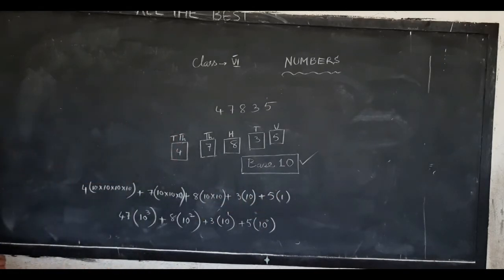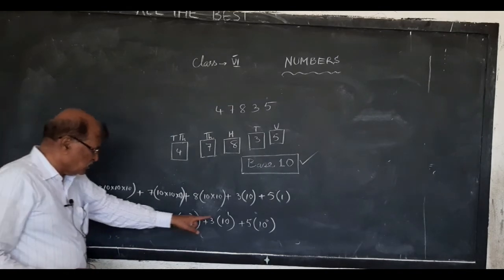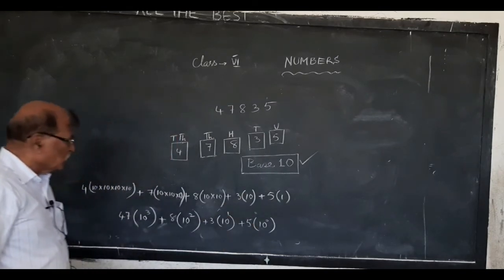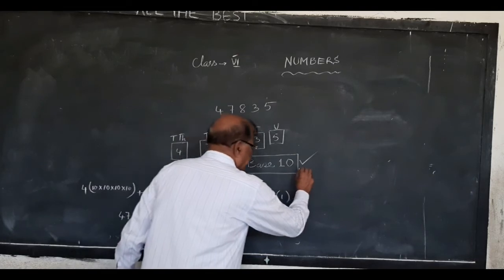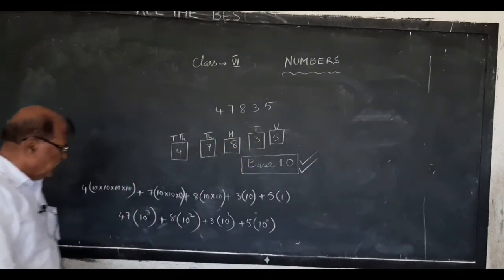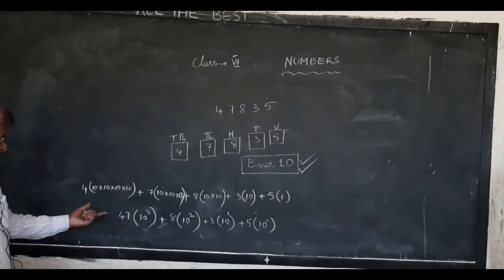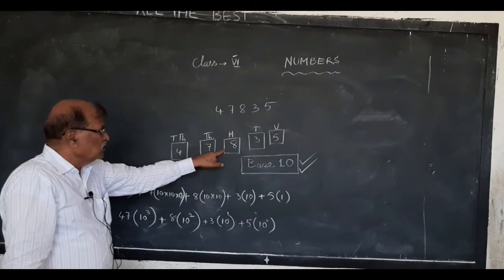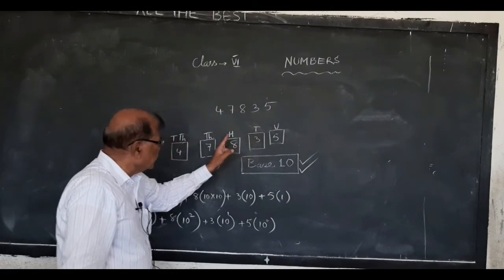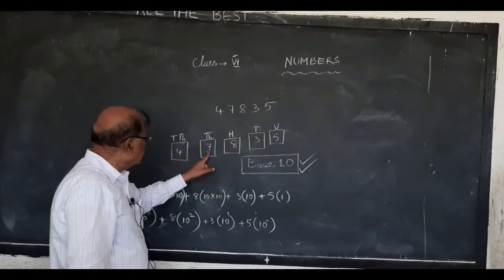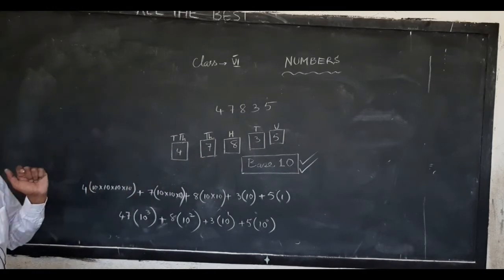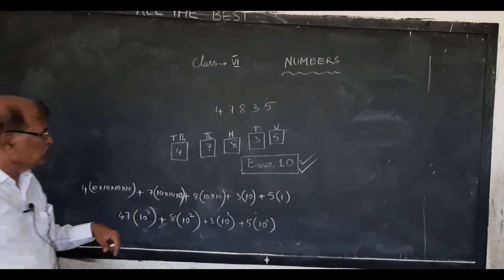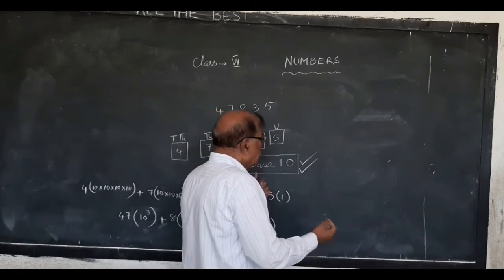Now if you observe this number, you will be finding all tens. So it is called base 10 system. Whenever you want to write a number or read a 5-digit number, the units place, tens place, hundreds place, thousands place, and 10,000s place are important. For example, how do you write a number?